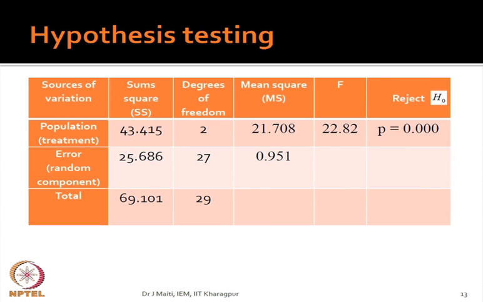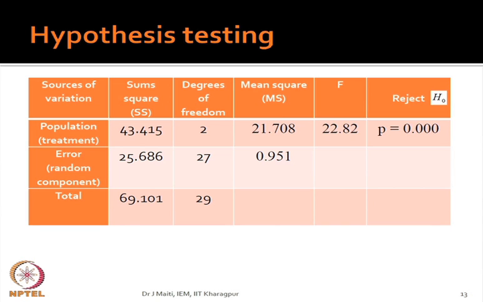In the same problem we have done the hypothesis testing. The sum of squares between populations is 43.415, error SSE is 25.686 and the total is 69.101.